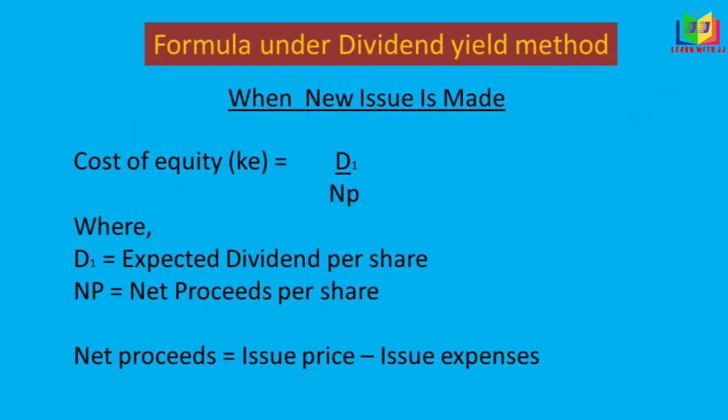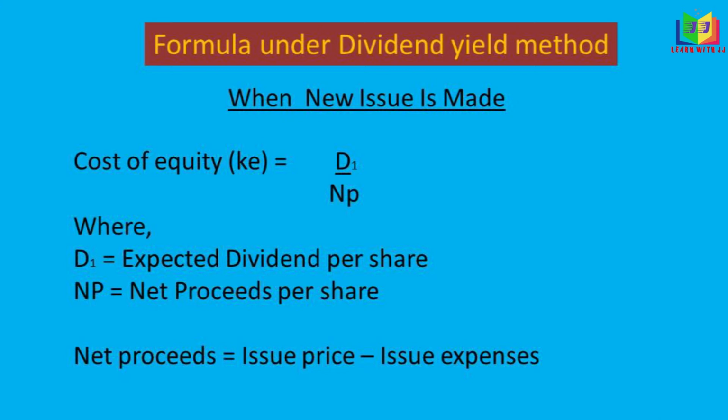Now we'll see the formula to calculate this cost of equity under dividend yield method. And under this we have 2 formulas. One formula we will use when new issue is made. The formula here is cost of equity is equal to D1 divided by NP.